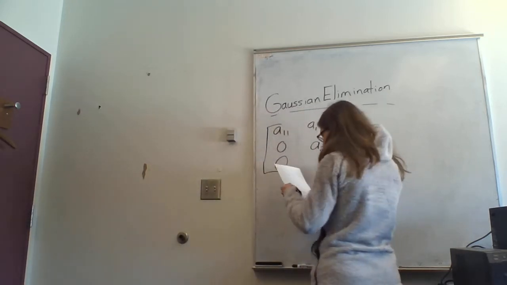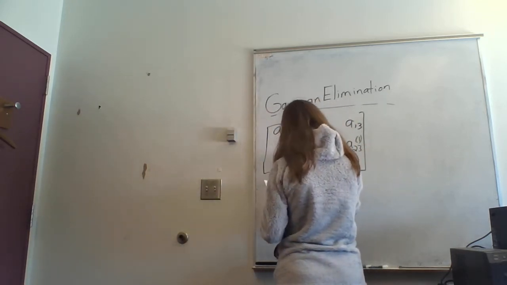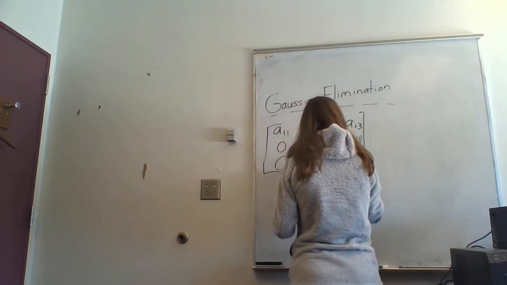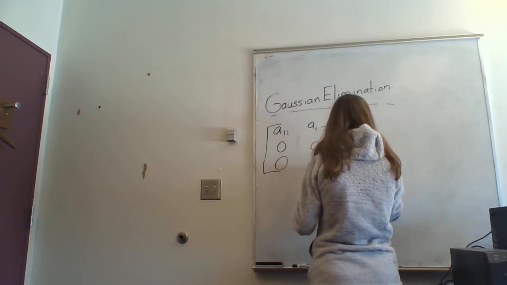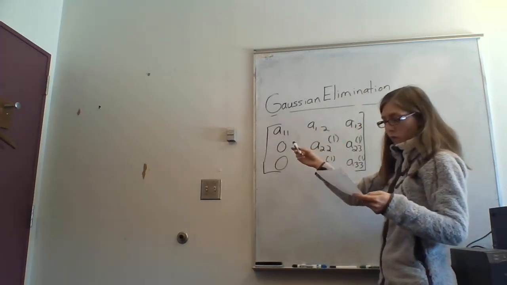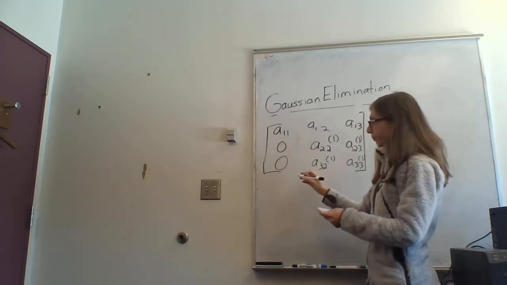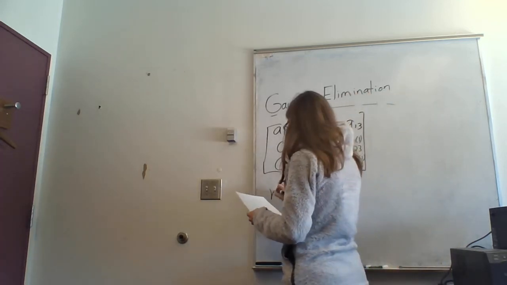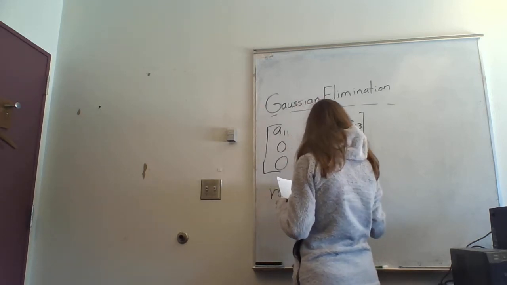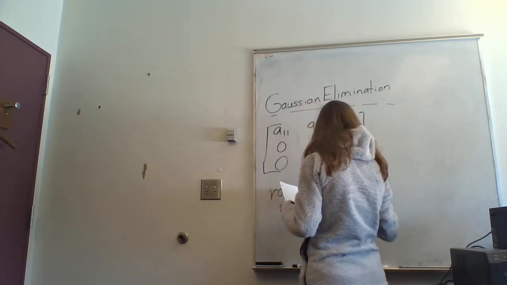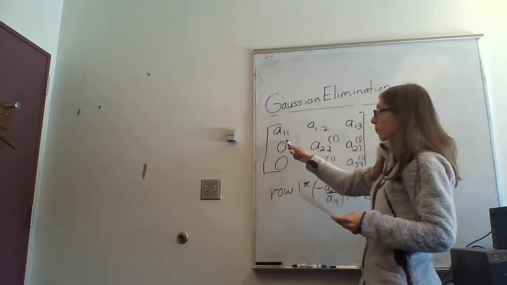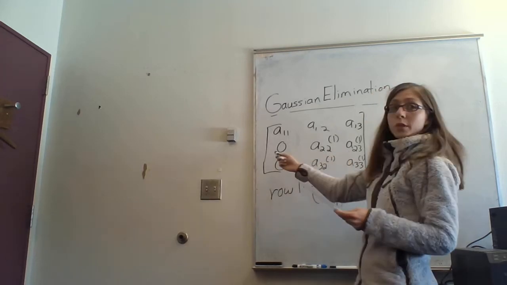In this case, if we go down the first column, we end up with what we have here, where the first row remained the same. But because we did what we had last time, which was that we took row 1 times the negative A21 over A11 plus row 2, this became our way that we got the entries that we have here.